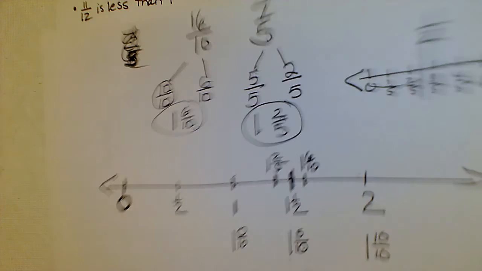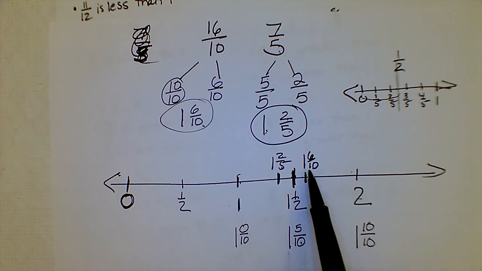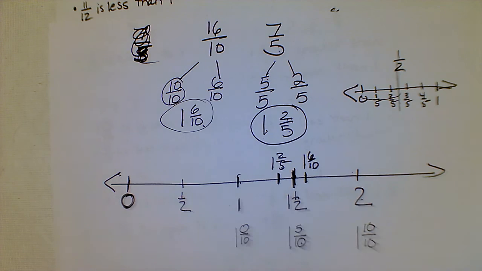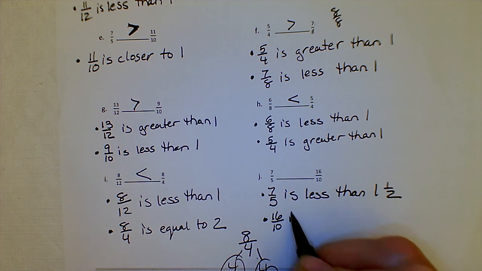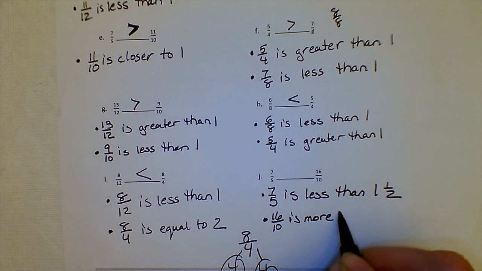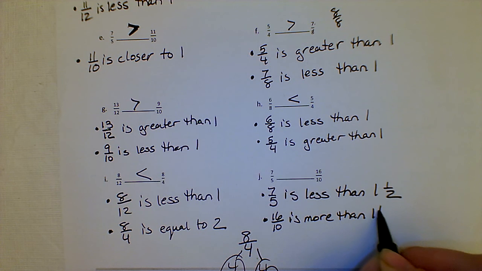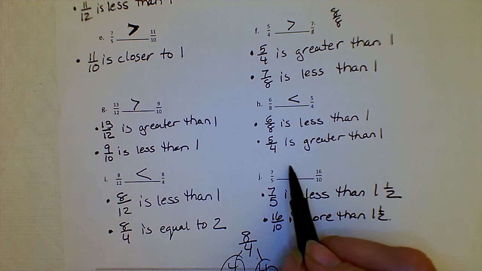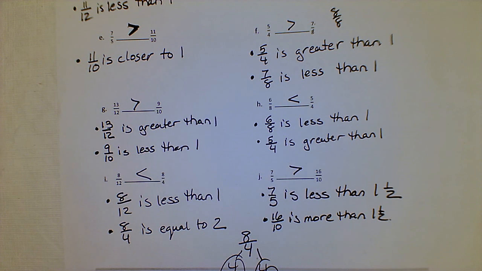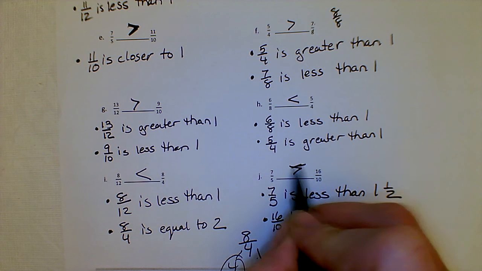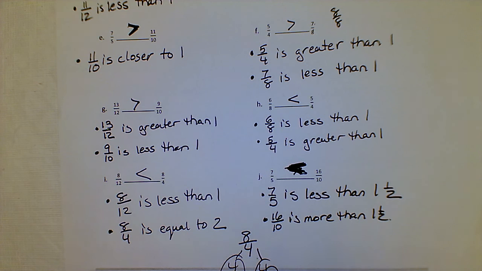So remember, we figured out that 16/10 was 1 6/10. That's a little greater than 1 1/2. So it is more than 1 1/2. So clearly 7/5 is larger. Wait, no, I just totally wrote that backwards, guys. Please don't copy me. Oh my goodness, because 16/10 is more than a half, so he's clearly the winner.